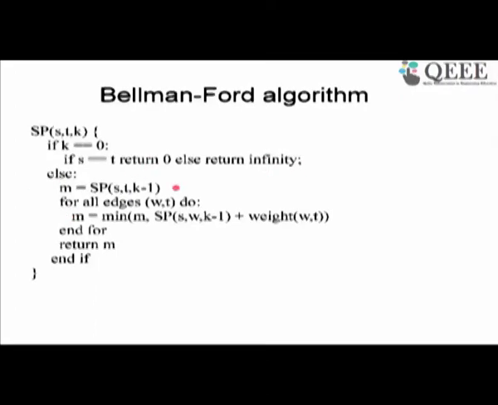Otherwise, find the shortest path with k minus 1 edges. How do I do that? Call SP again with k minus 1, a recursive call. Let M be the shortest path with k minus 1 edges. Two possible conditions exist. One, I already found the shortest path, which means M is the shortest path, so I am done, or I can improve it. How can I improve it? I can improve it by looking at nodes, like say I have a node called W, right?